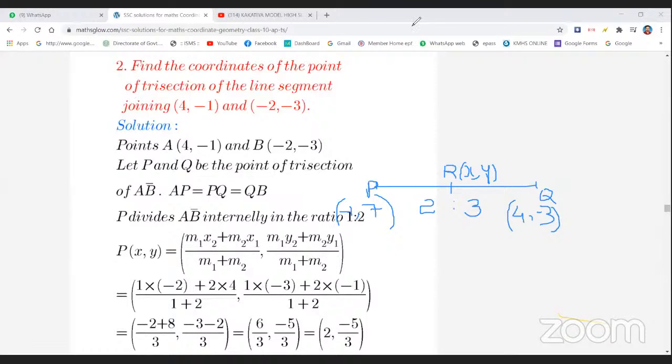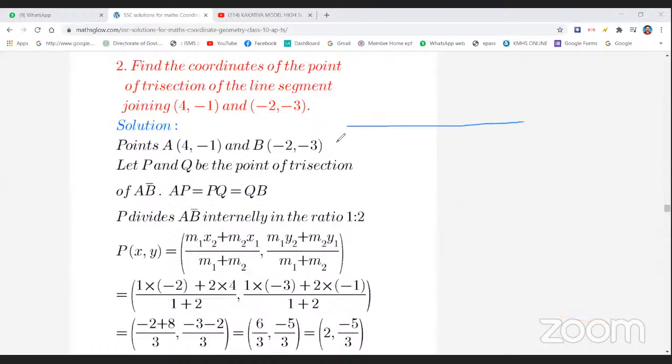So there is a line segment. Consider it is A, this is B. AB is the line segment. Trisection is if AB needs to be divided into 3 equal parts, so 2 points are needed here.